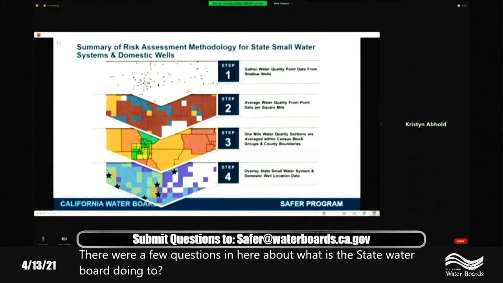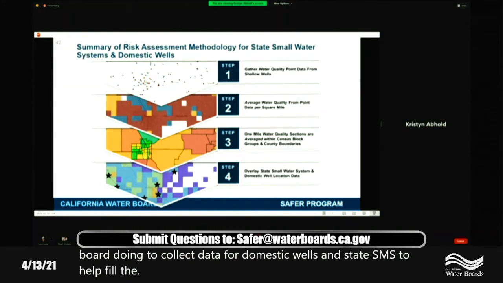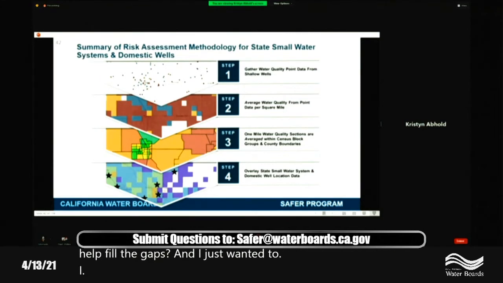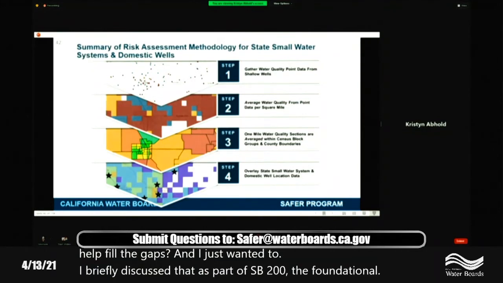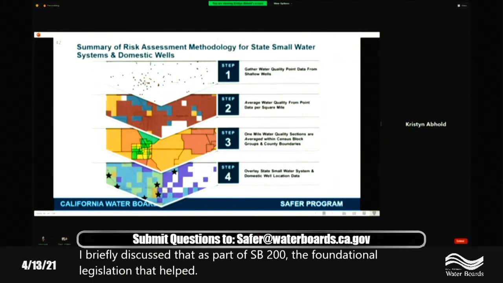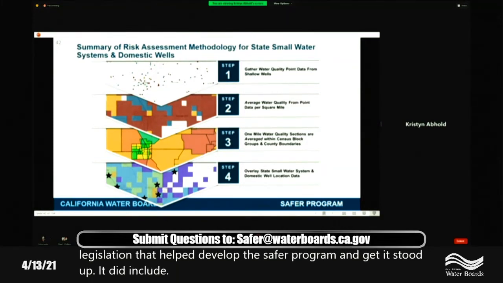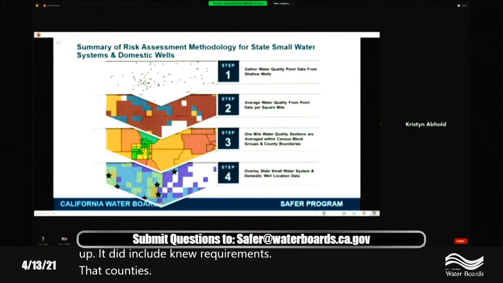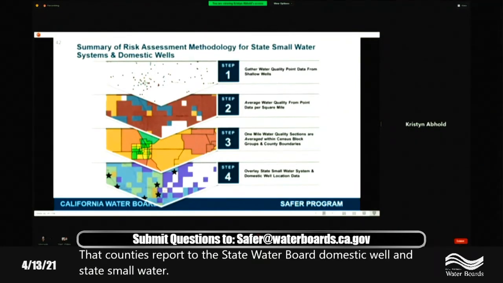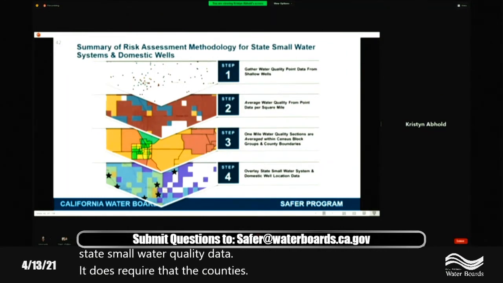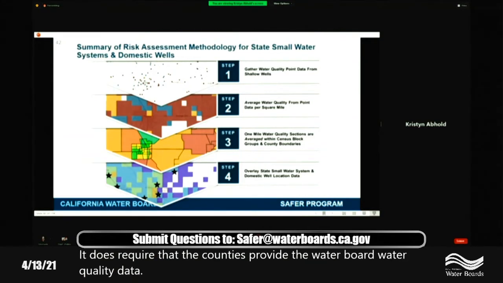Great. There were a few questions in here about what the State Water Board is doing to collect data for domestic wells and state smalls to help fill the gaps. As part of SB 200, the foundational legislation that helped develop the SAFER program and get it stood up, it did include new requirements that counties report domestic well and state small water quality data to the State Water Board. It requires that counties provide water quality data back to 2014.